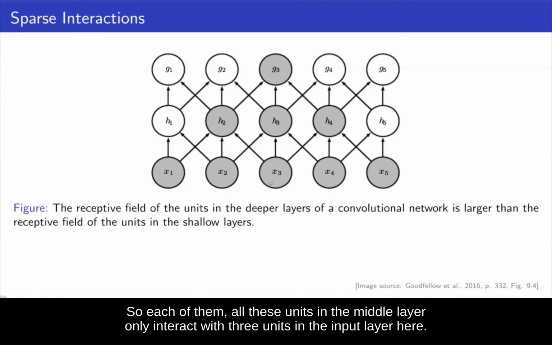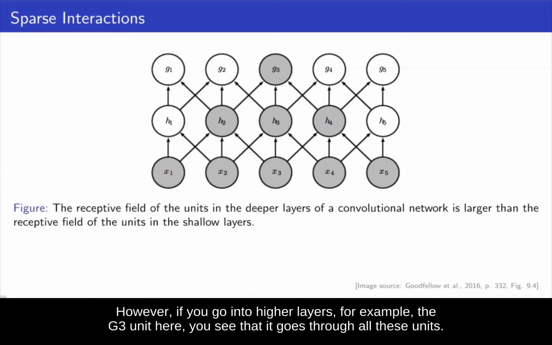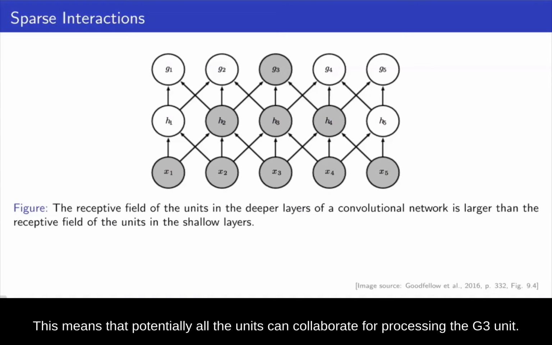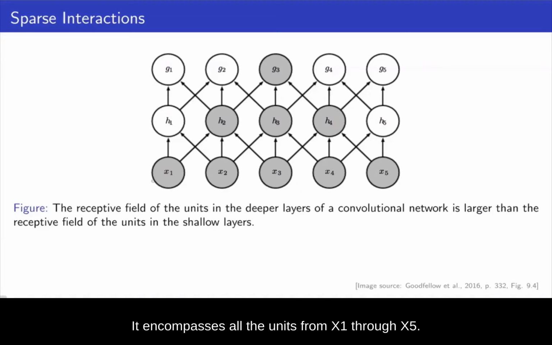All the units in the middle layer only interact with three units in the input layer. However, if you go into higher layers, for example the G3 unit here, you see that it goes through all these units. This means that potentially all the units can collaborate in processing the G3 unit, so it encompasses all the units from X1 through X5. And that is what is visualized here.